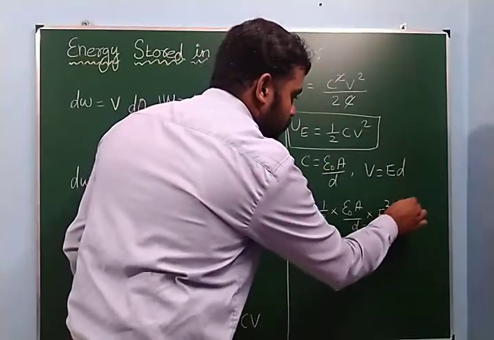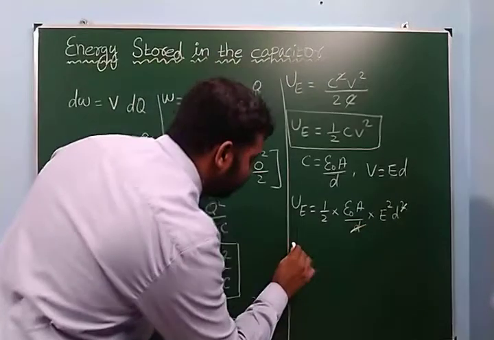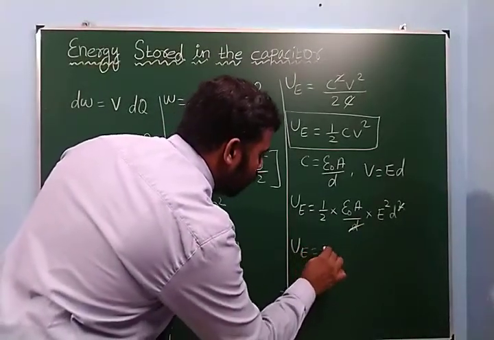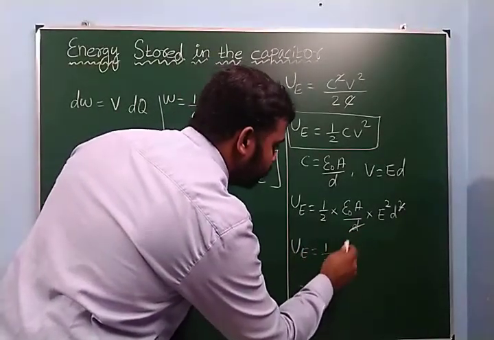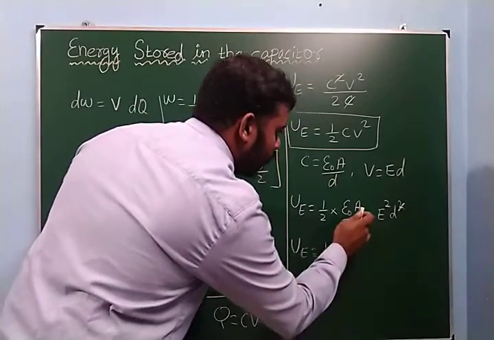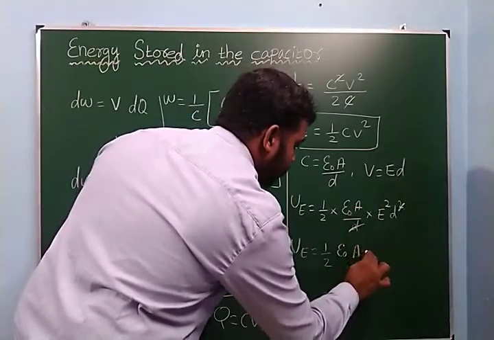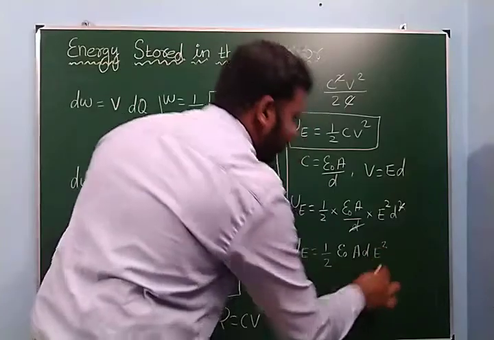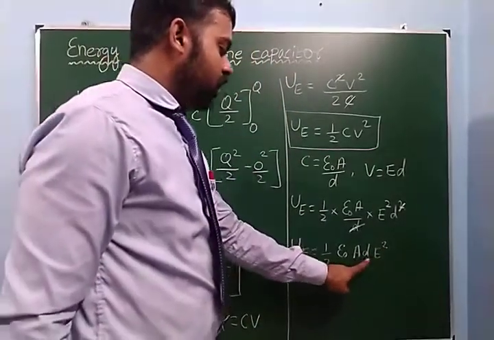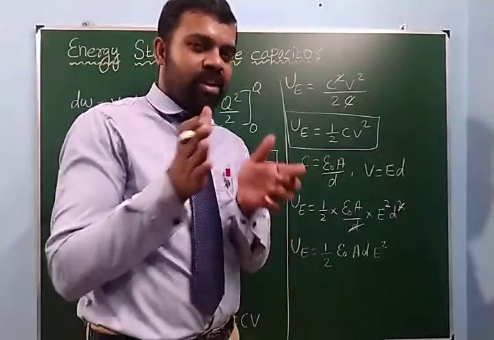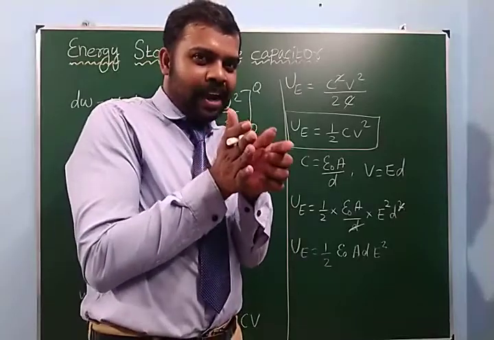So this D and this term get cancelled. Electrostatic energy U is equal to 1 by 2 epsilon naught AD E square.